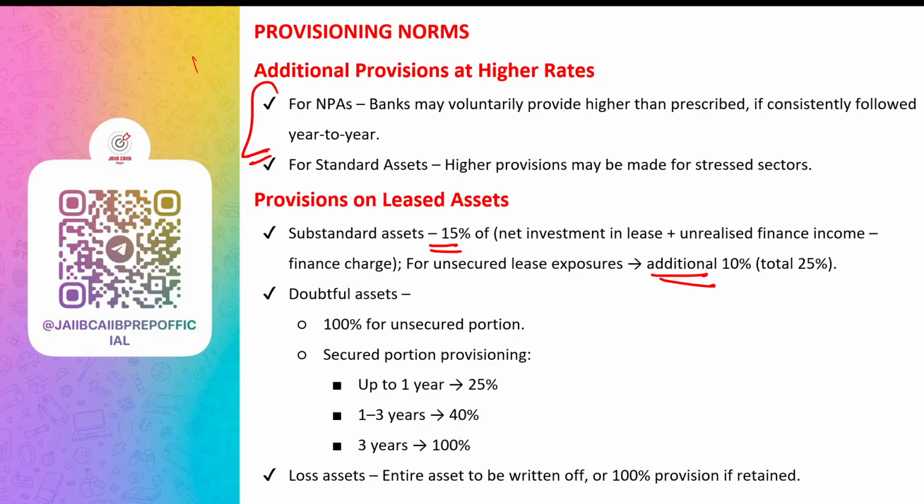It is the same as before. And for doubtful assets also, it is the same as what we have discussed earlier. 100% for unsecured. For secured, it is classified into three categories: up to 1 year 25%, 1 to 3 years 40%, and for more than 3 years it is 100%. For loss assets, 100% of the provision is required.